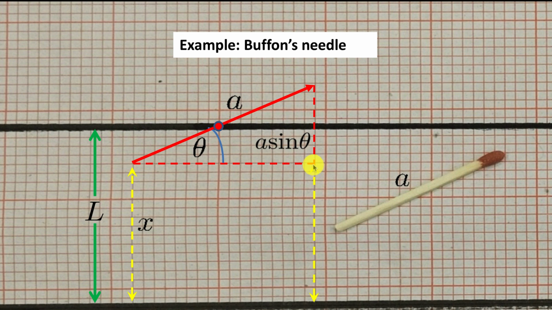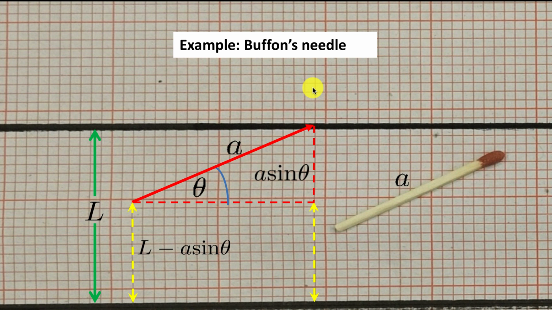Obviously, this length over here is a sine theta. The tip of this matchstick is here, and it will barely cross this upper line, and in that case, then of course this remains a sine theta.